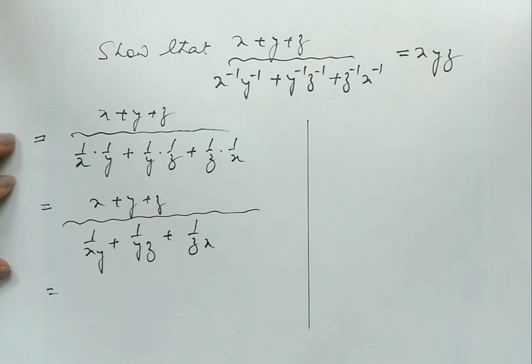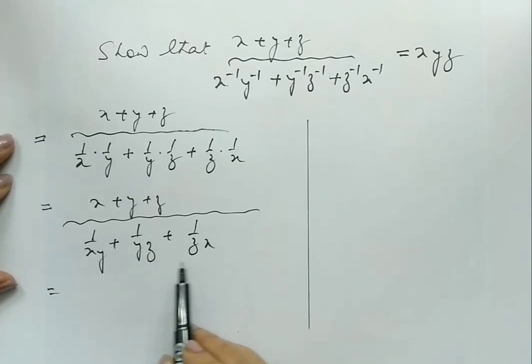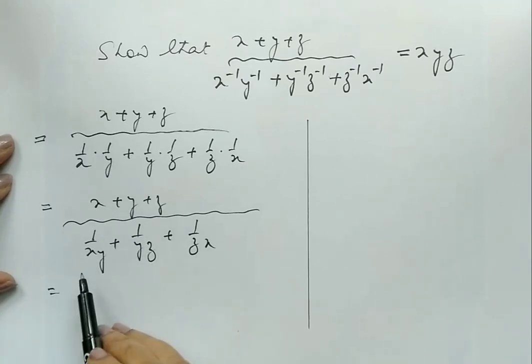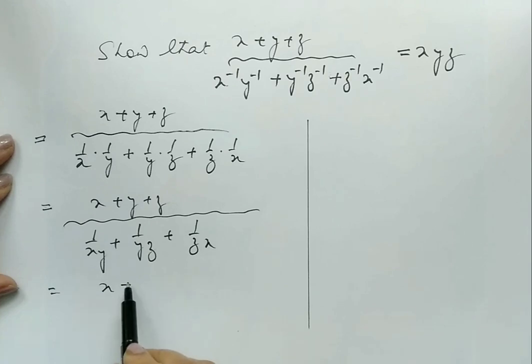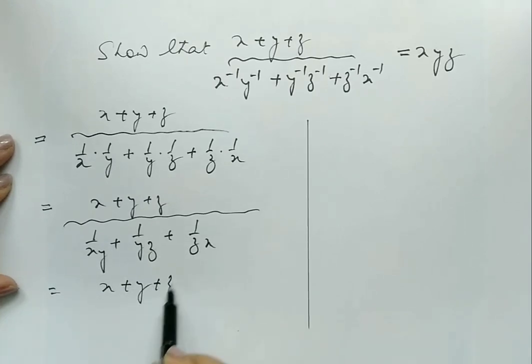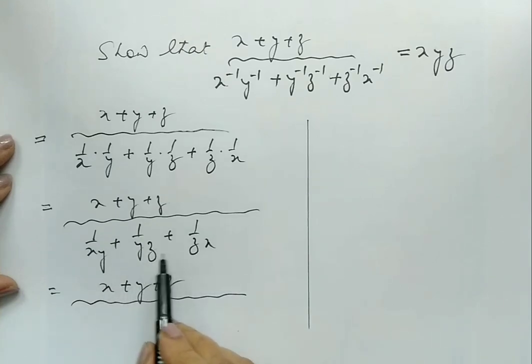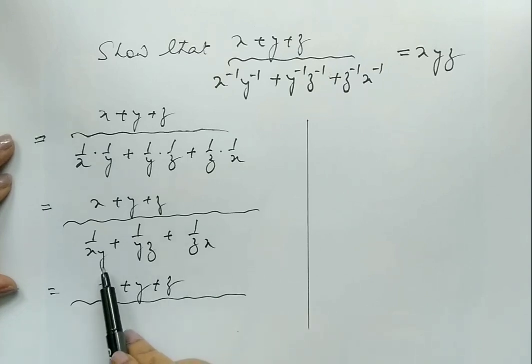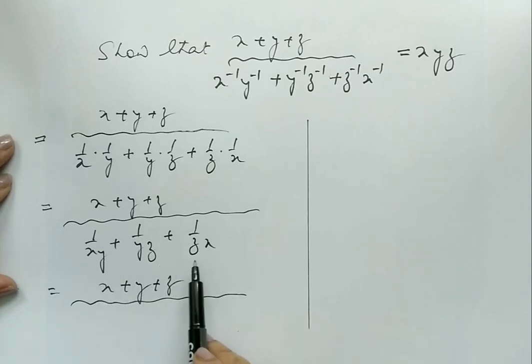So, I'm sure you understand that xy, yz and zx are the denominators. Hence, we need to find out the LCM of these denominators. What should be the LCM of xy, yz and zx?